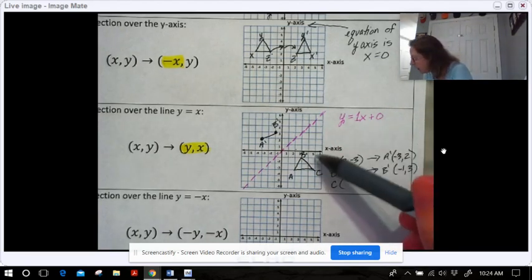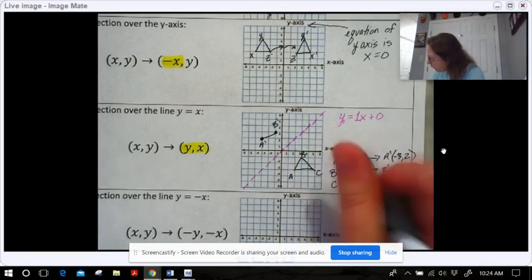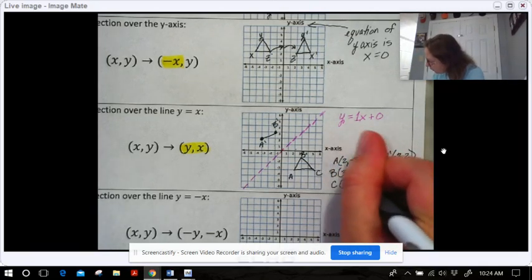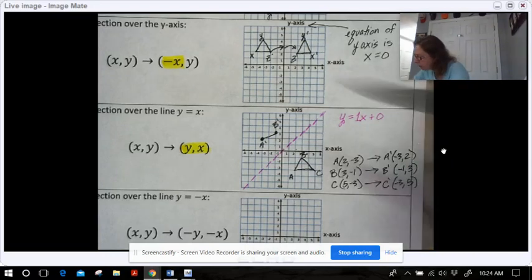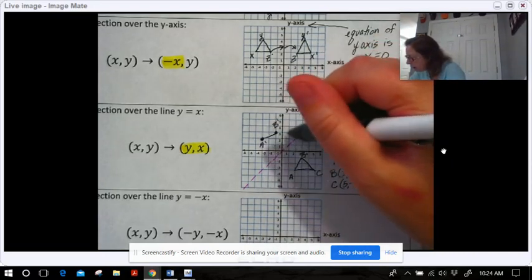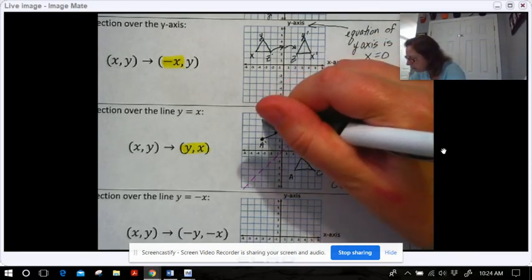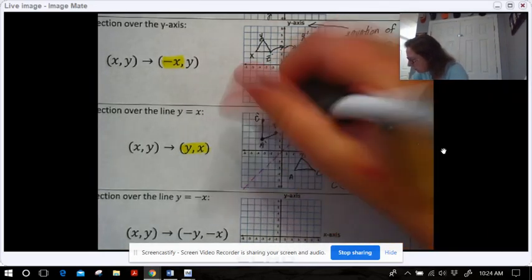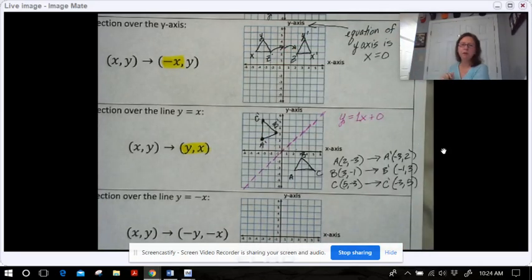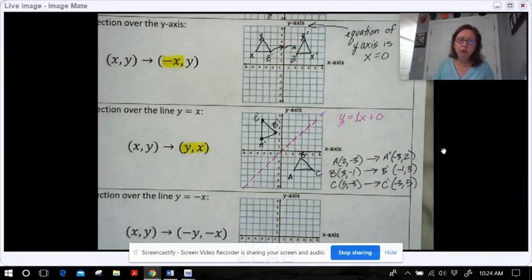C is currently located at 5, negative 3. So C prime will be located at negative 3, comma 5. And that is C prime. And so that is my reflection. And that's how I do it, working with the points so that I know that my new figure is exactly correct. Okay.